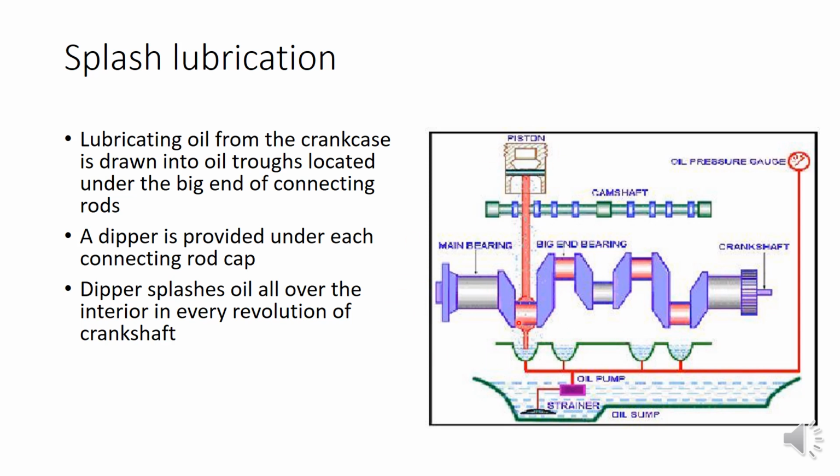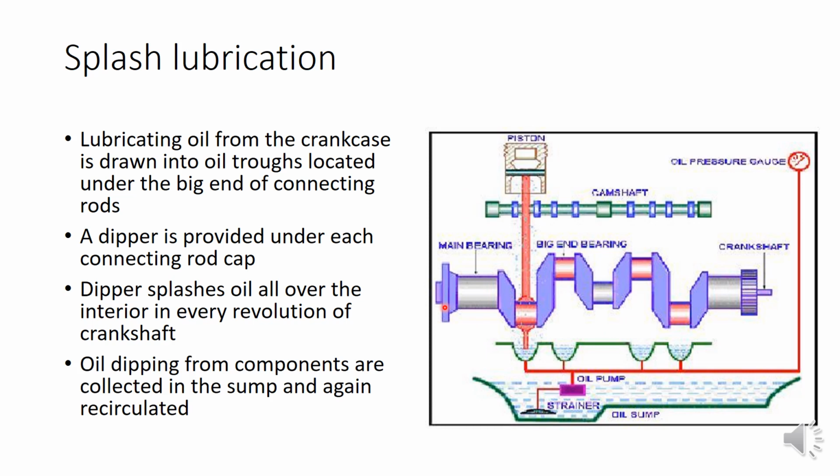After reaching the different components, it will be collected again and dip into the crankcase again. So this will be repeated. This is known as splash lubrication. We are splashing the lubrication oil, and this is used only in light duty engines. We will not be using this in heavier engines. In smaller engines we use splash lubrication.